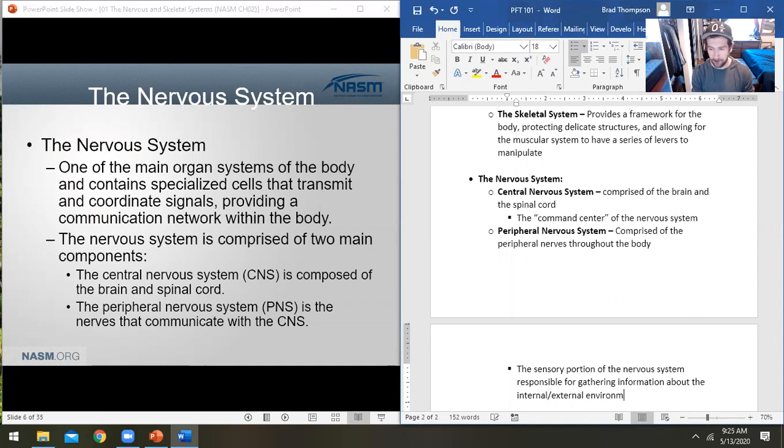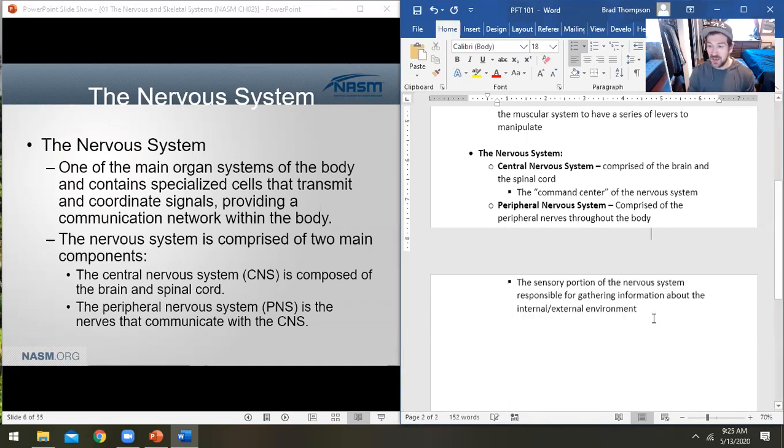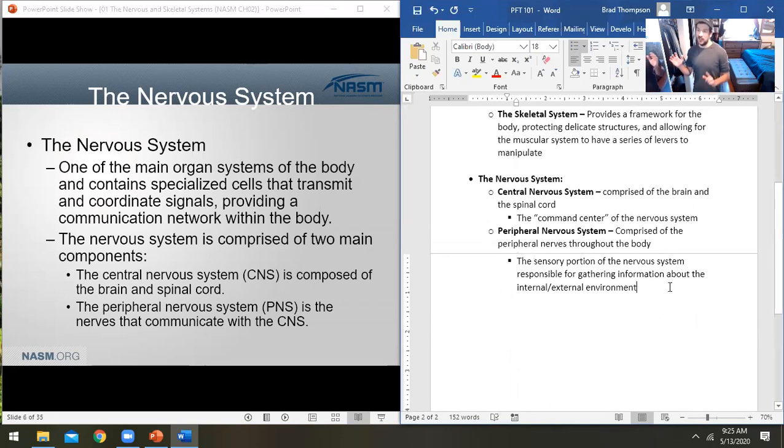That was an example of the stretch receptors and the nociceptors in my finger being responsible for saying, we got a breach, right? And then that traveled up to my nervous system.